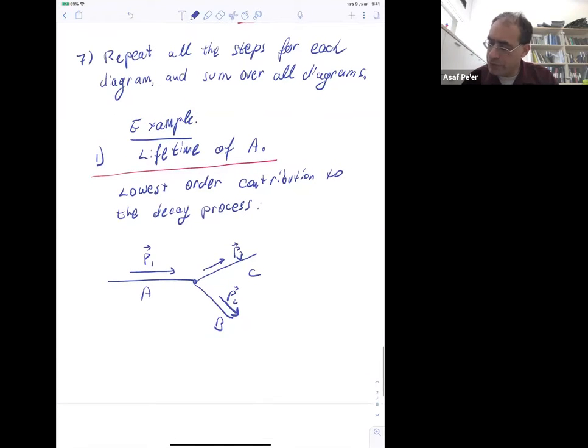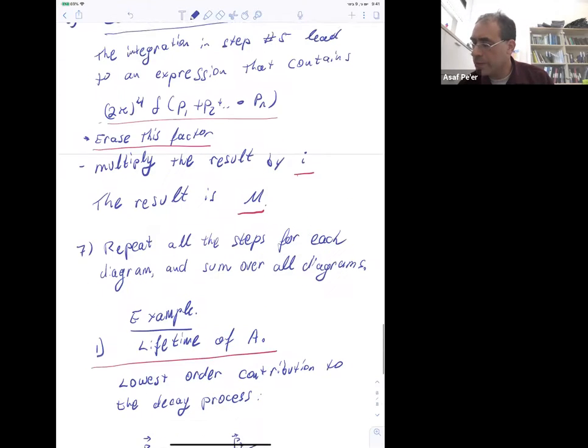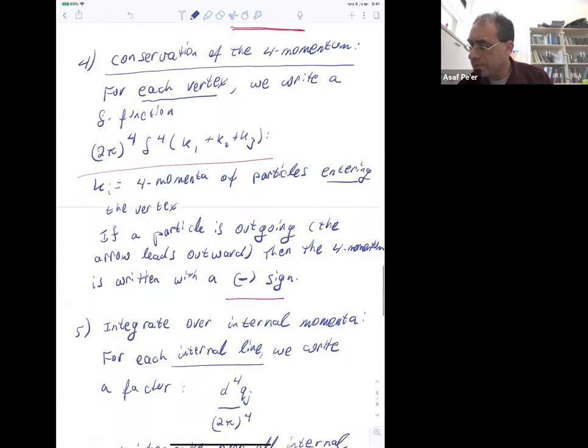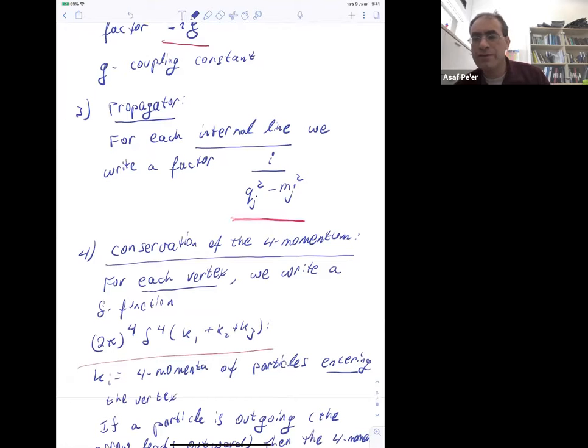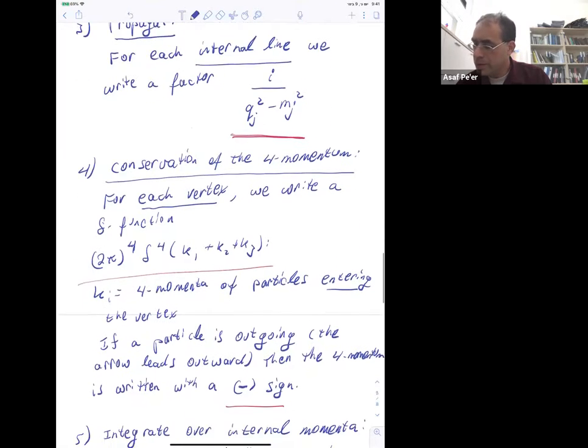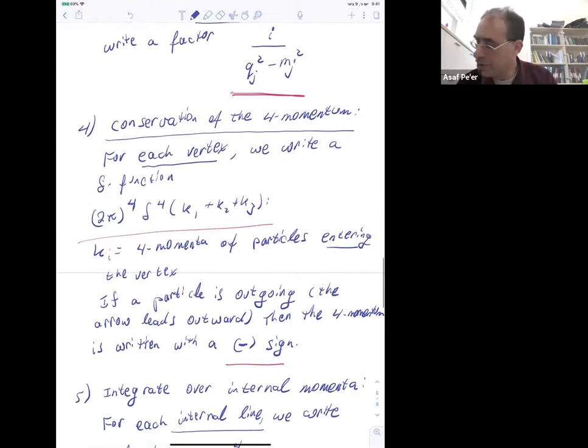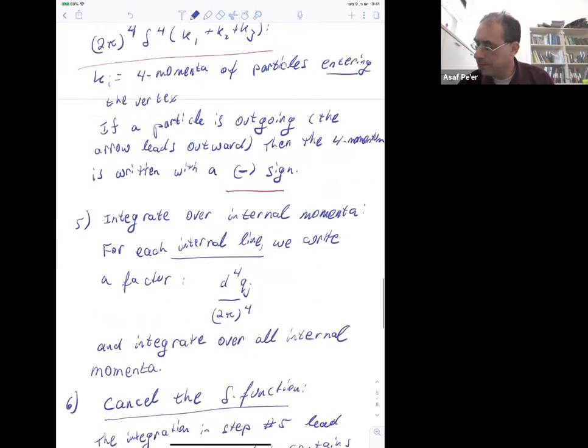Now we have rule number 2. It says that we have one vertex. We write down a factor of minus iG. Now, in rule number 3, we spoke about, I think, internal lines. We don't have any internal lines, so I can skip that one. Rule number 4 gives us conservation of momentum.